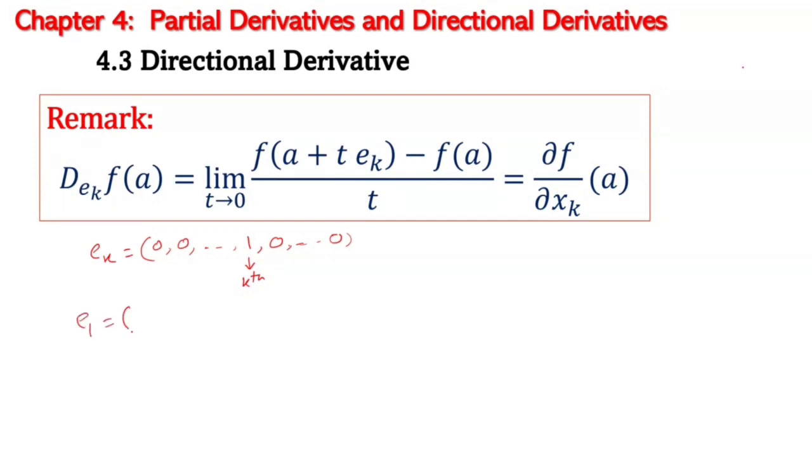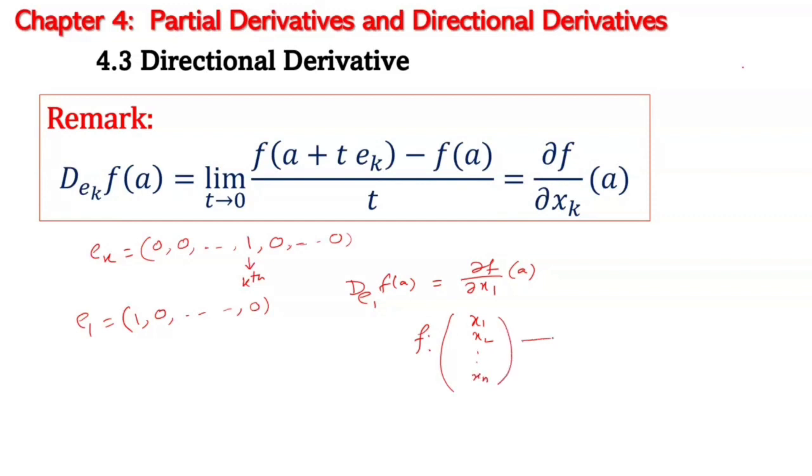So if you take e_1, that means (1, 0, 0), then D_{e1} f(a) is equal to del f / del x_1 at a, where f is a function of x_1, x_2, ..., x_n, with components f_1(x), f_2(x), up to f_m(x).